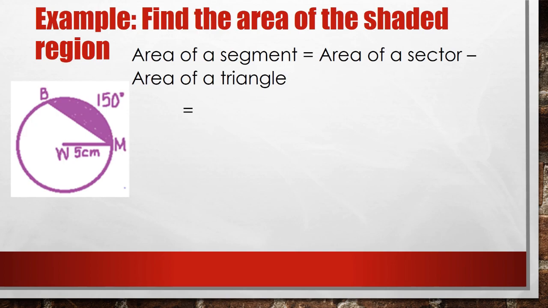To simplify, the area of a segment is equal to pi r squared C over 360 minus 1/2 r squared times sine 60. Kaya, alam naman natin na ang area ng sector ay pi r squared C over 360. Ngayon, may bagong formula doon sa pagkuha ng triangle.